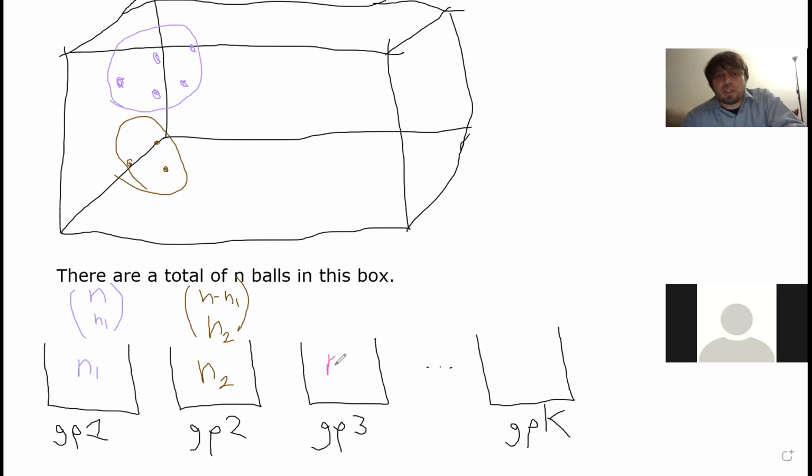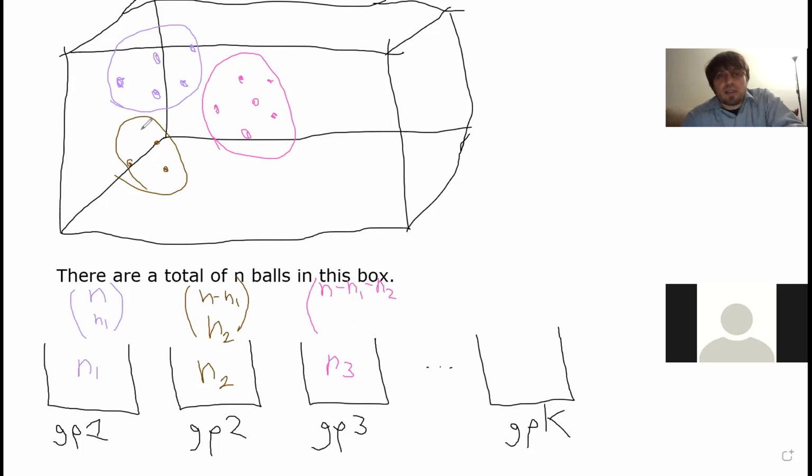Next, you want to choose n3 many things for group 3. There are other things in the box that you haven't chosen yet. Well, you had n in the beginning. Then you took away n1 many things for the first group. Then you took away n2 many things for group 2.